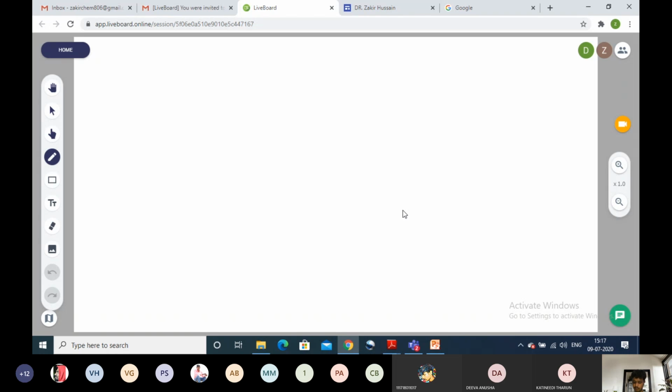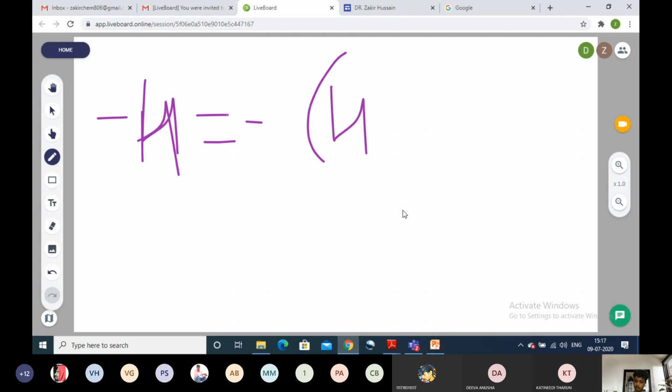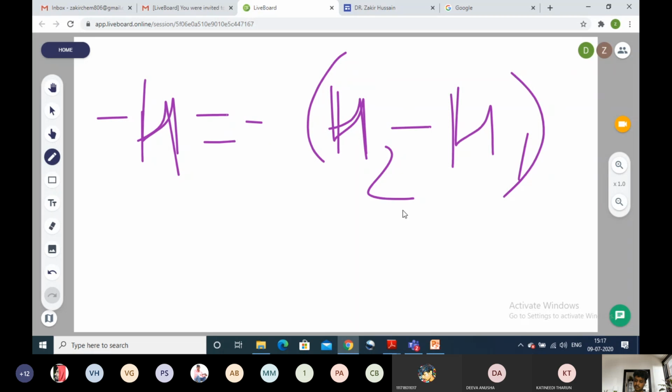Now, change in enthalpy, how can we write? H, the change is happening from point 2, enthalpy 2, to point 1, enthalpy 1. This is the change happening. We can write this as delta H also. Okay, we can denote it as per our convenience.